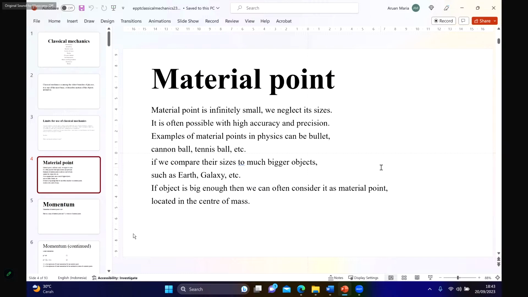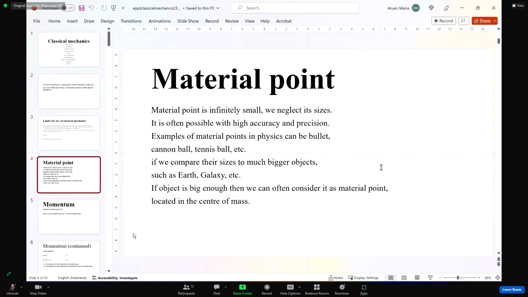And for many problems, it's good enough. For example, a bullet is very small compared to the building, or compared to the earth or other objects which are much larger.